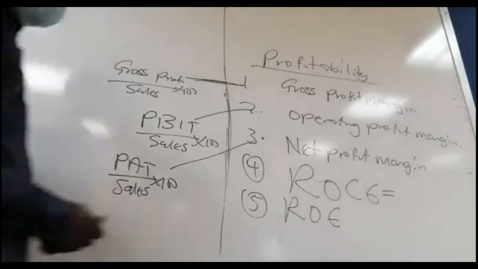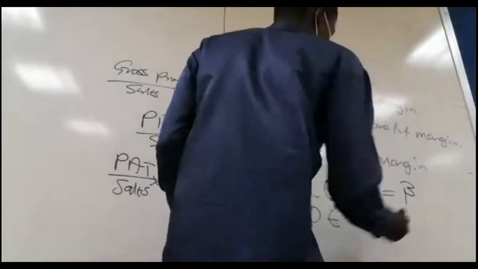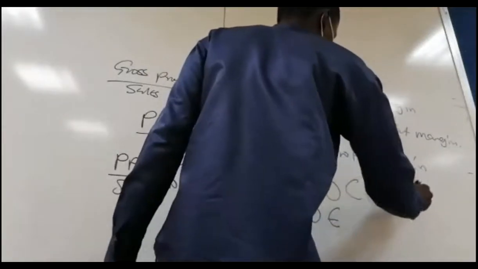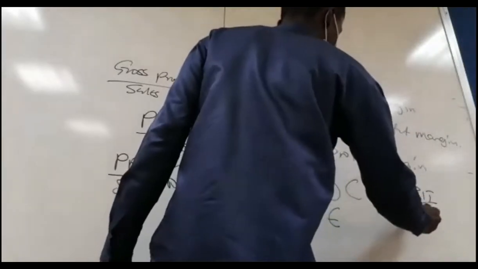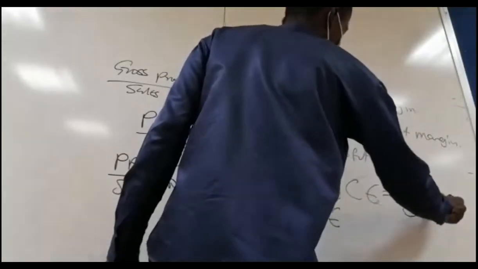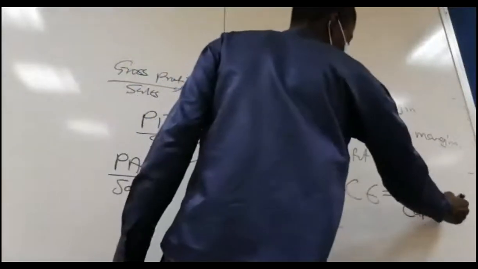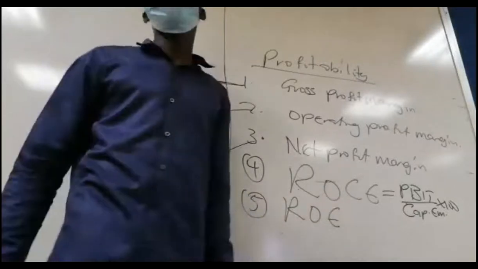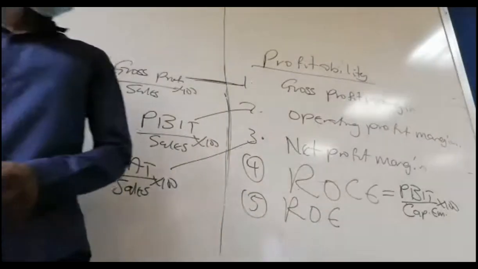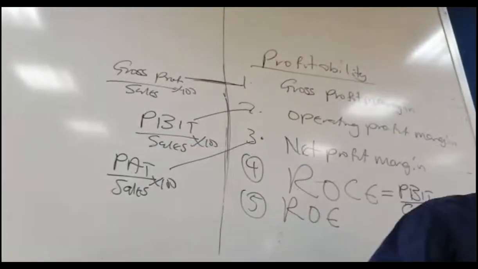So it is equal to profit before interest and tax, all over capital employed, times 100. However, capital employed is equal to equity plus non-current liability. Equity plus non-current liability.